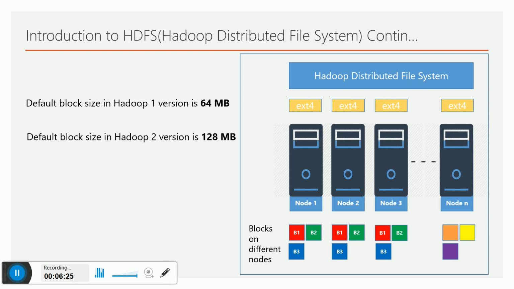You may ask why we keep the block size as 128 MB, not 1 MB or 2 MB. HDFS is designed in such a way that when you store a big file, read and write are faster. When the block size is bigger, the local file system stores your blocks in a continuous manner, next to each other, so the disk head need not seek again and again for reading and writing.